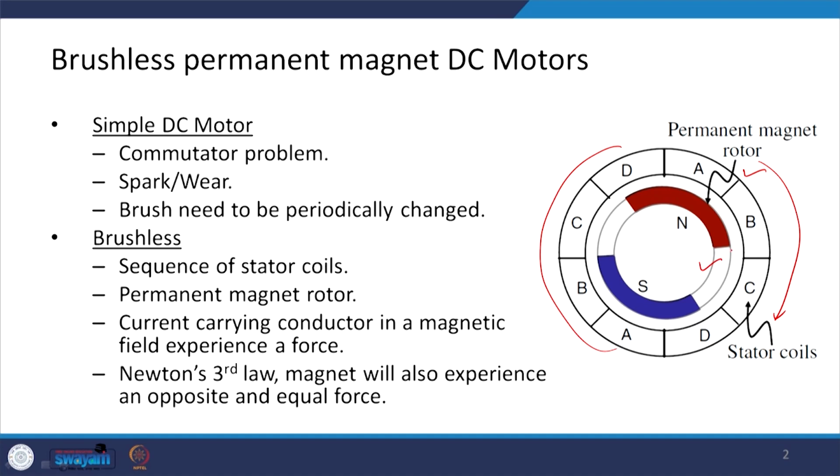A current carrying conductor in a magnetic field experiences a force.